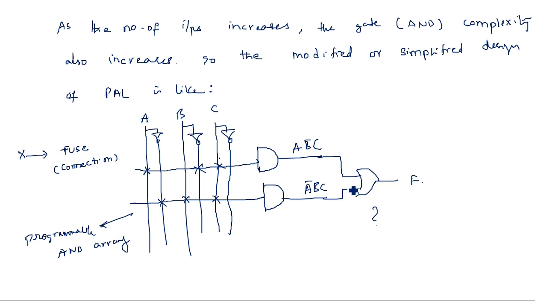Suppose here only two inputs are there, two input OR gate is considered. Let it be 10 inputs, 10 product terms. Then all these product terms can be connected to a single 10 input OR gate, or is there any other way? There is also another way by connecting all these vertically as a single point and connect together.